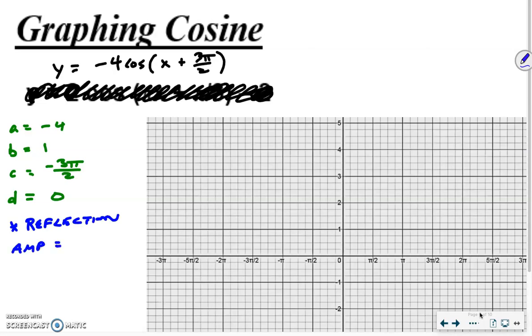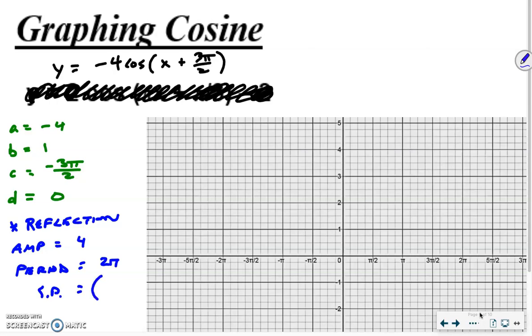Again, this is cosine, so yes, it truly does have amplitude. The amplitude is going to be the absolute value of A, so the absolute value of negative 4 is 4. The period for cosine, remember that period is 2 pi divided by B, so 2 pi divided by 1 is 2 pi.